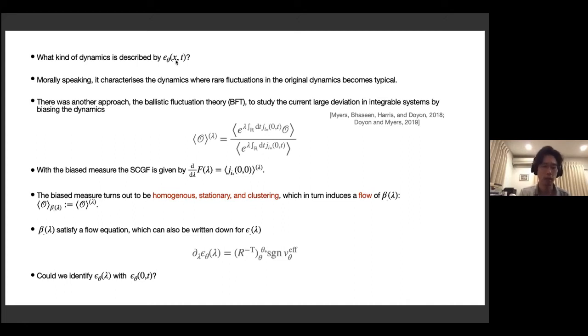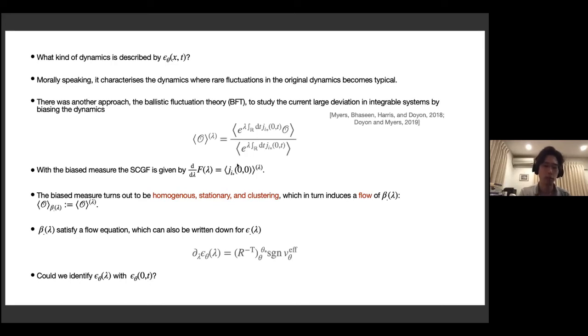To understand something about it, it might be nice to compare with another approach, the ballistic fluctuation theory that Benjamin was briefly explaining yesterday. The idea of the theory is to bias the measure in this particular way by inserting this time-integrated current, an exponential factor in this way.